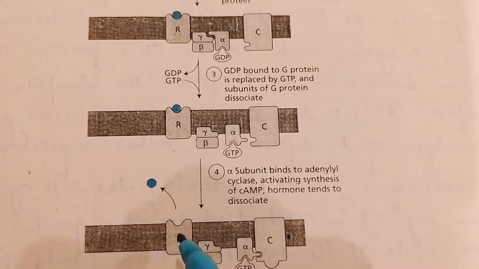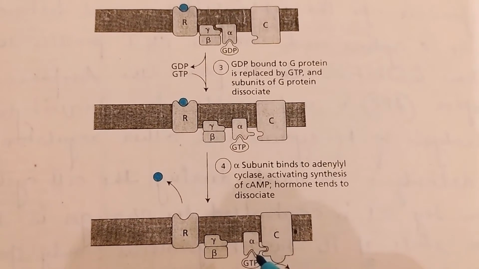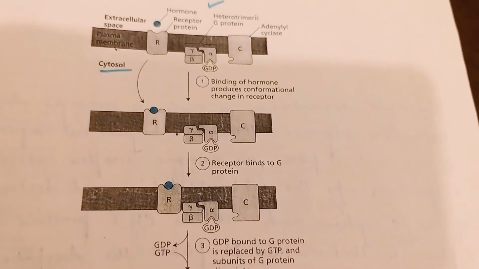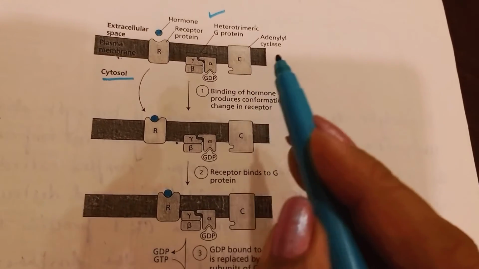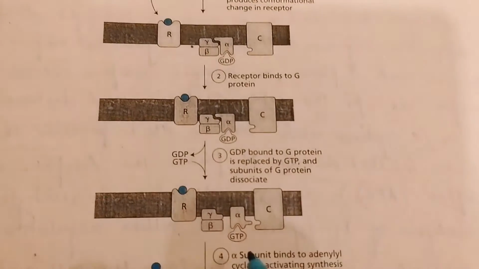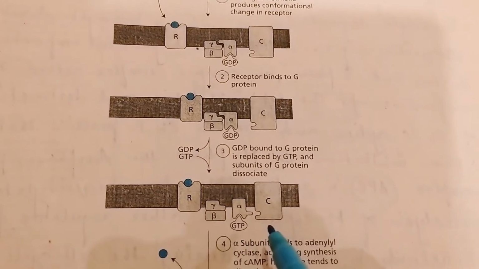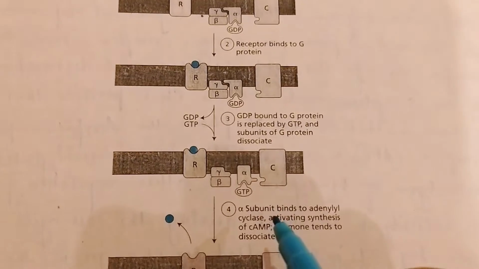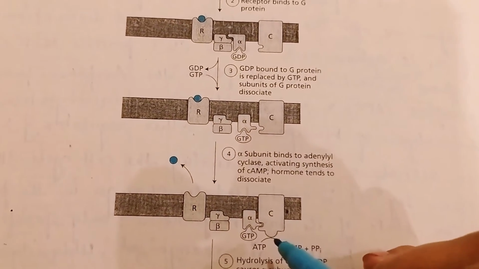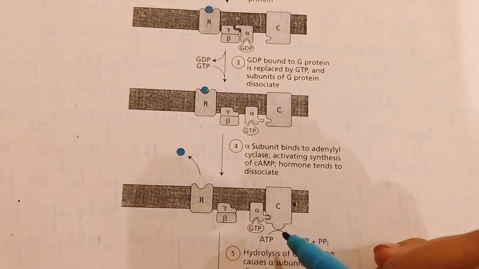As you come to this step, the hormone tends to dissociate from the receptor, and this alpha subunit bound to GTP goes and binds to adenylyl cyclase, thus activating the synthesis of cyclic AMP.